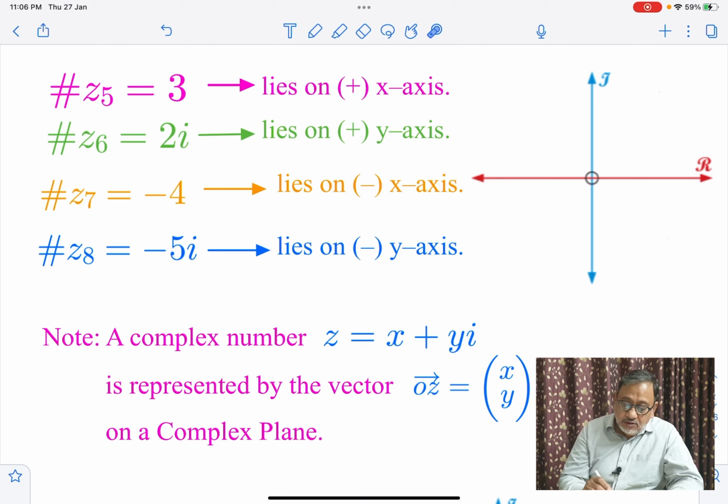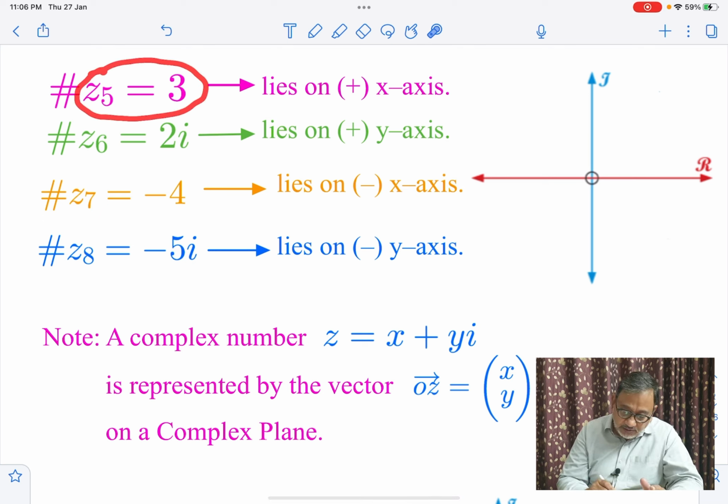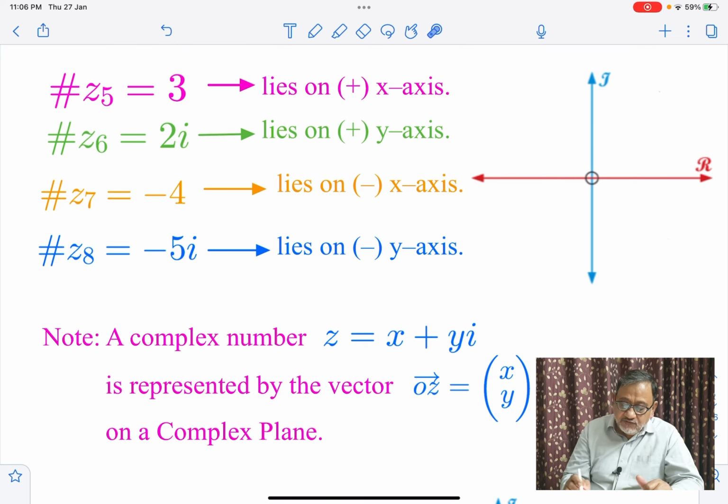Now look here, a purely real complex number will have only the real part. It will not have the imaginary part. So it will be represented on the x-axis only. So therefore Z5 will be somewhere here on the real axis, Z5, okay.